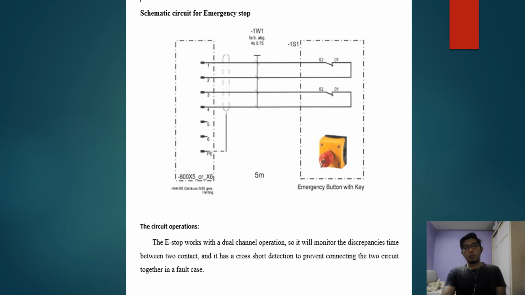So it will monitor the discrepancy time between two contacts, and it has a cross detection to prevent connecting the two circuits together in a fault case. This schematic circuit is similar to the interlock system.